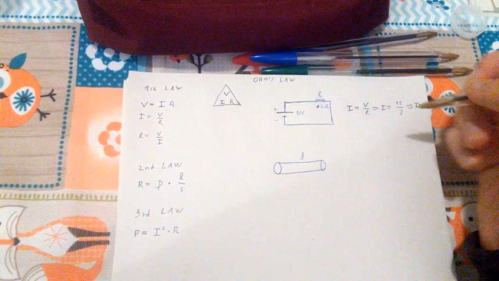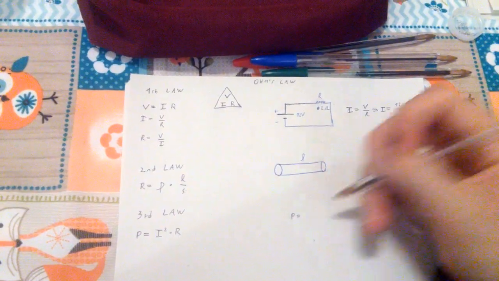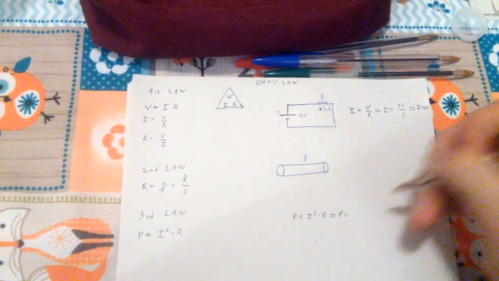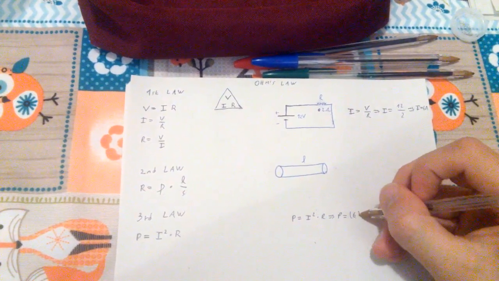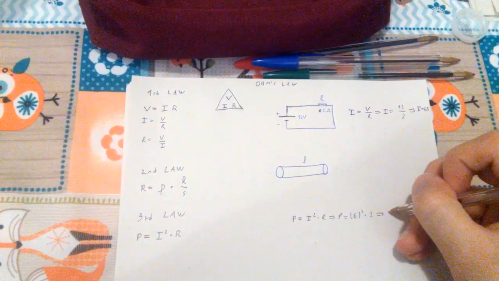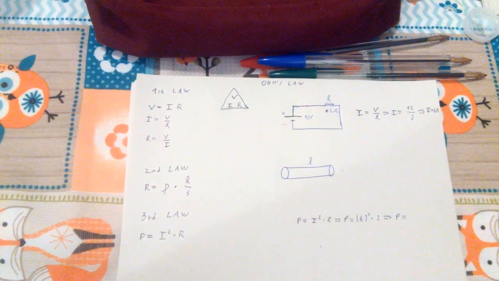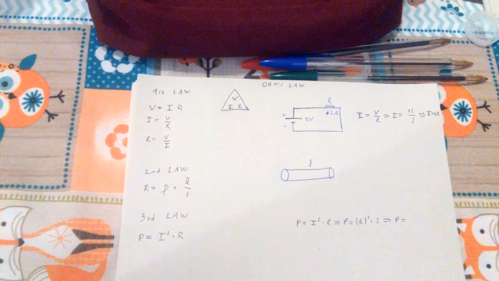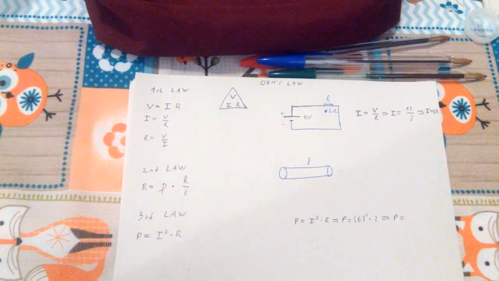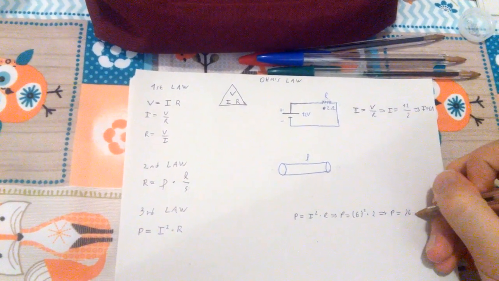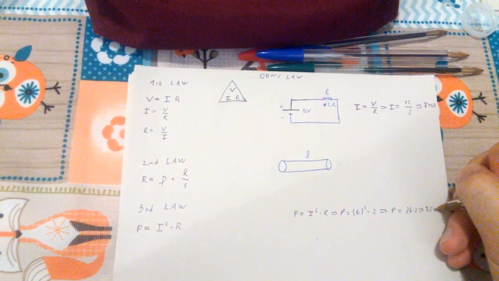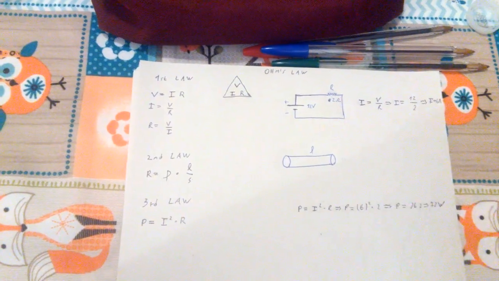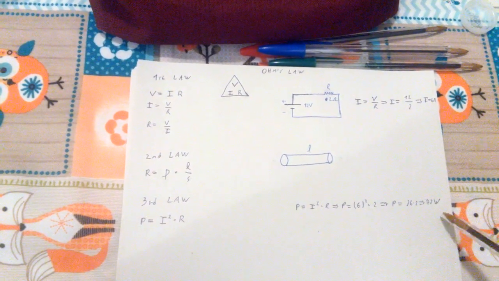So the power will be I squared times R, so 6 squared times 2. So the power in total is going to be 6 times 6, which is 36, times 2, which is 72. So 72 watts. So basically, from this power supply, this resistor here is going to dissipate 72 watts.